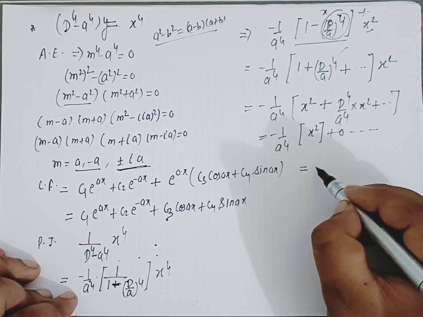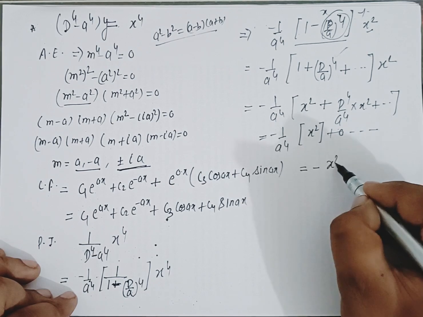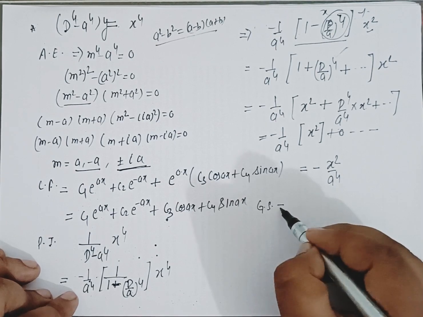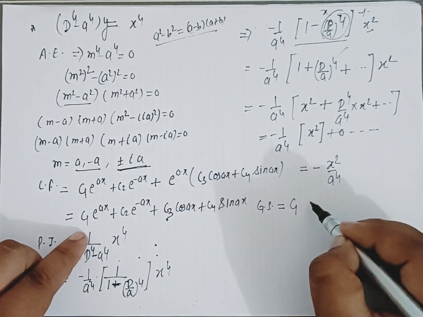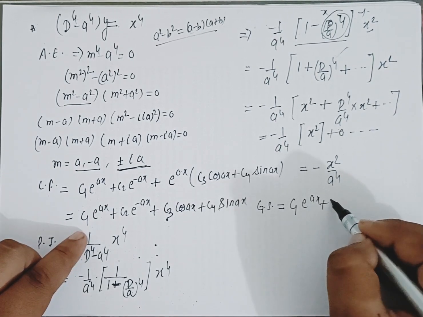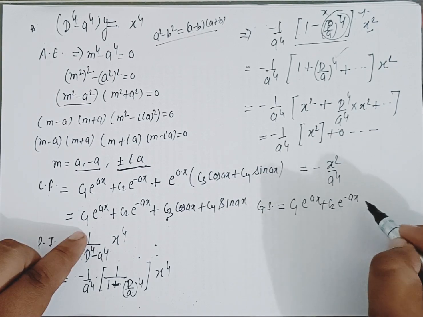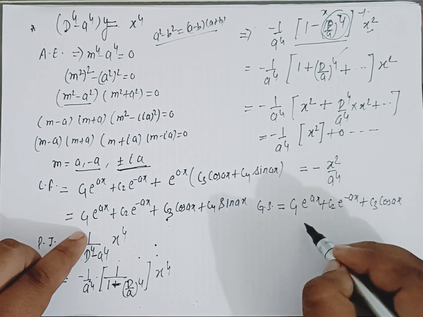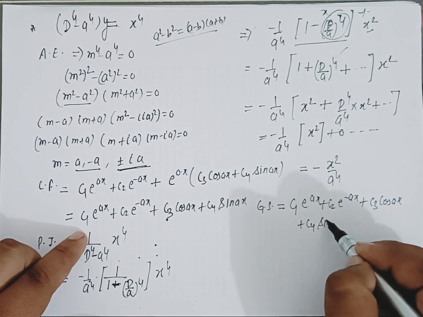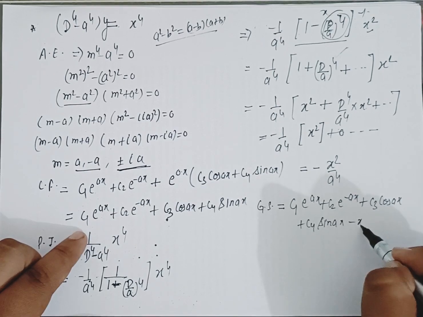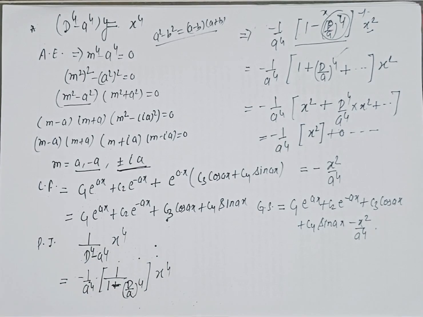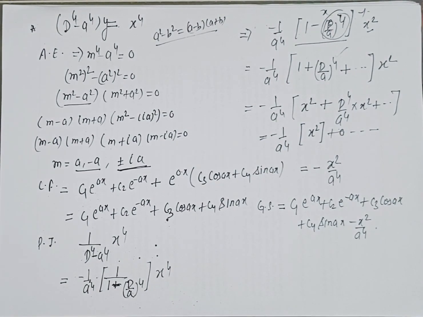So we have the PI here, minus x square upon a to the power 4. So we have the general solution here, CF plus PI. CF is C1 e to the power ax plus C2 e to the power minus ax plus C3 cos ax plus C4 sin ax, and minus x square upon a to the power 4. Which is the general and final solution.